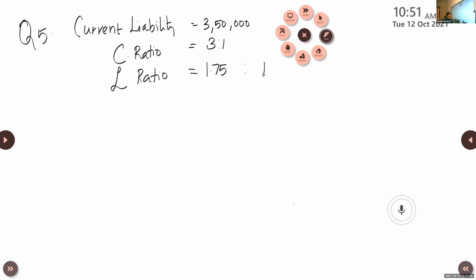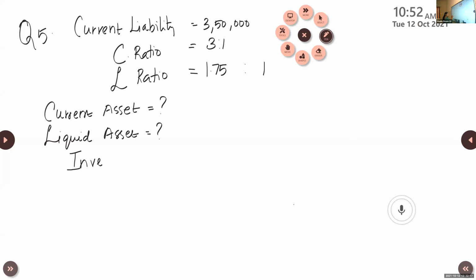You need to find out current asset, liquid asset, inventory. Find out 3 items: current asset, liquid assets, and inventory.